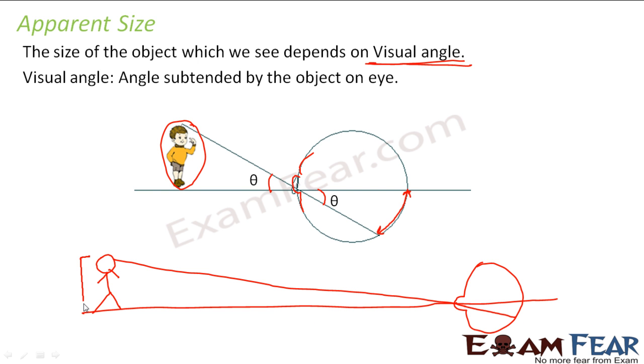Even though the size of the object is the same in both these cases, just because the angle subtended is different, the apparent size is also different. Therefore we see that the size of the object which we see also depends upon the visual angle, that is the angle which the object subtends on the eye.